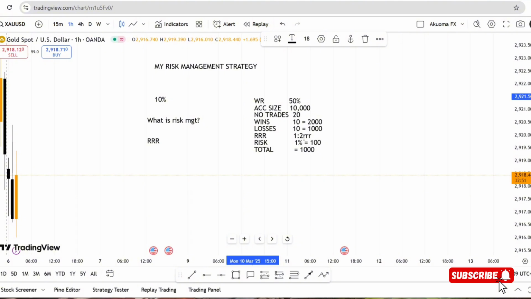So let's assume that your risk to reward happens to be 1:3, and then what it means is that out of these 10 wins, multiply it by 3, it will be giving us 3,000, and then your balance, the total profit and loss left, will not be 1,000.